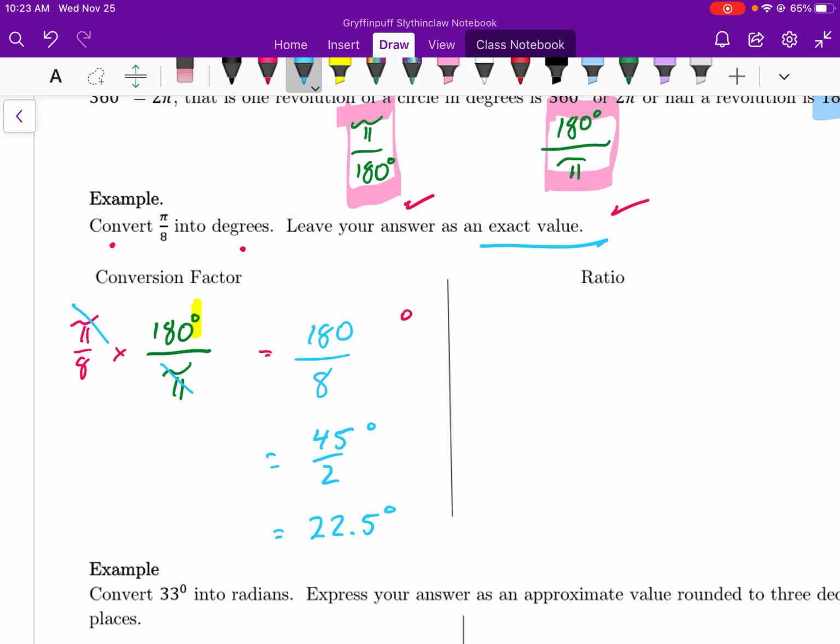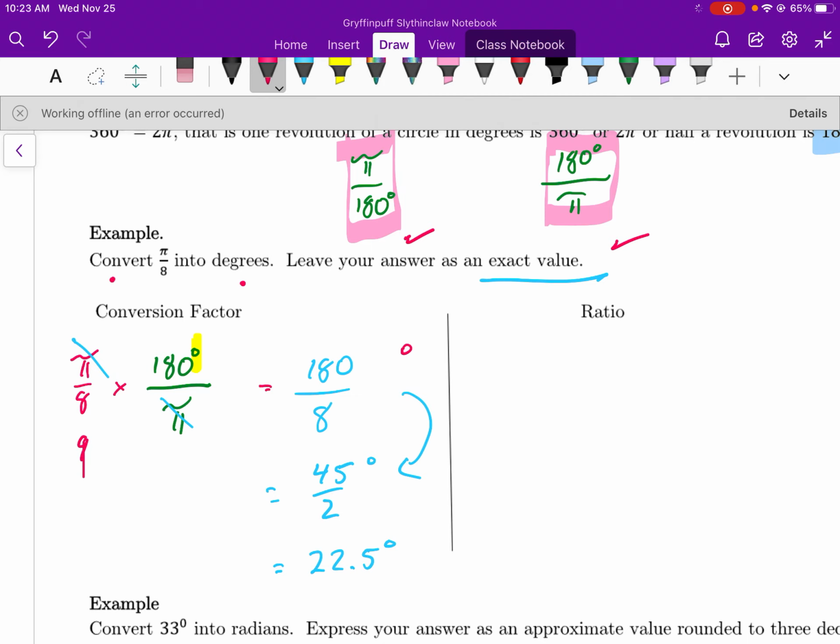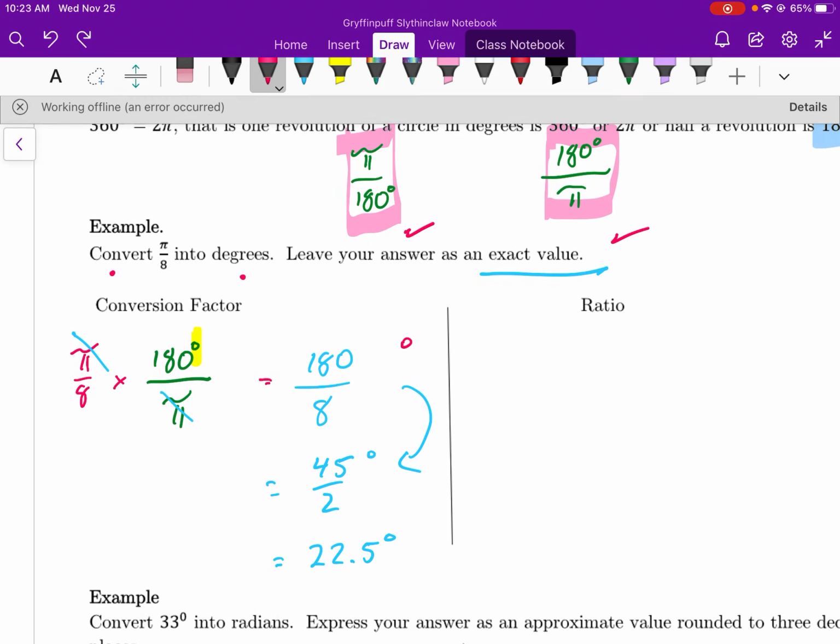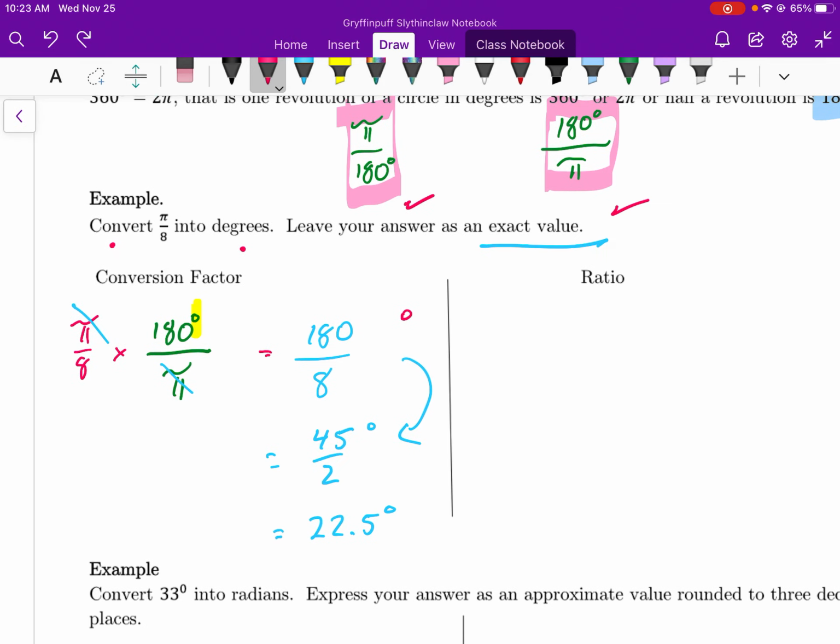All of these are exact values. Probably this might be a little bit hard for you, but let me just take an intermediate step here. If I divide the top by 2, if I divide the bottom by 2, and do it once more, we would be on track here. All right.